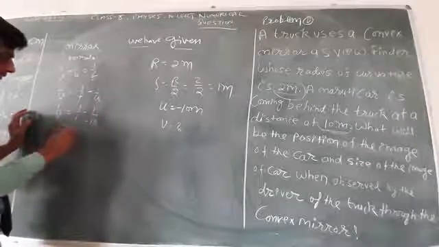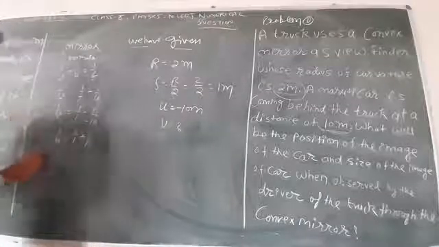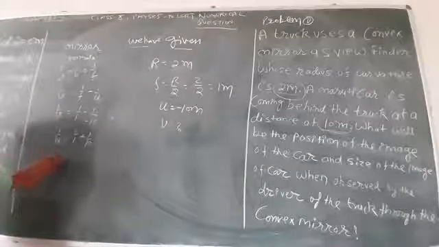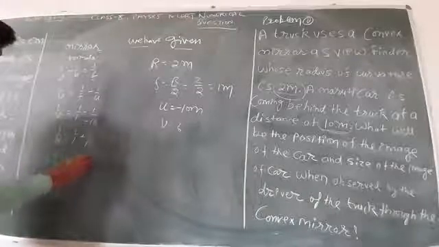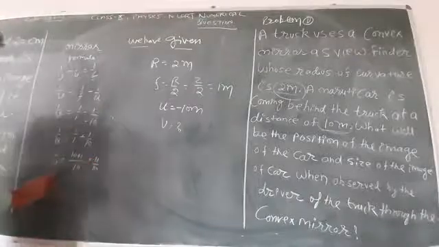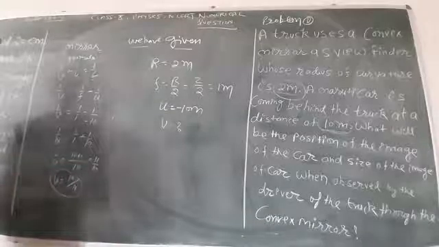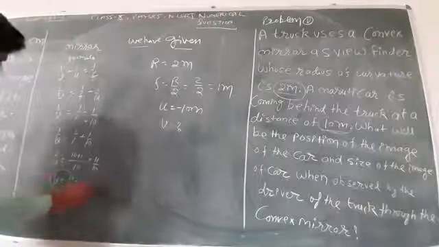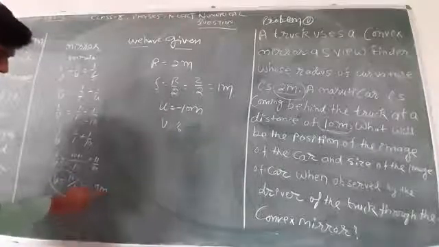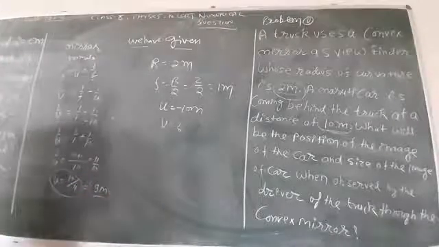It means 1 upon 1 plus 1 upon 10. So 1 upon V is equal to, LCM 10, 10 plus 1, so 11 upon 10. So V is equal to 10 upon 11, which is approximately 0.9 meter. This is the position of the image behind the mirror.